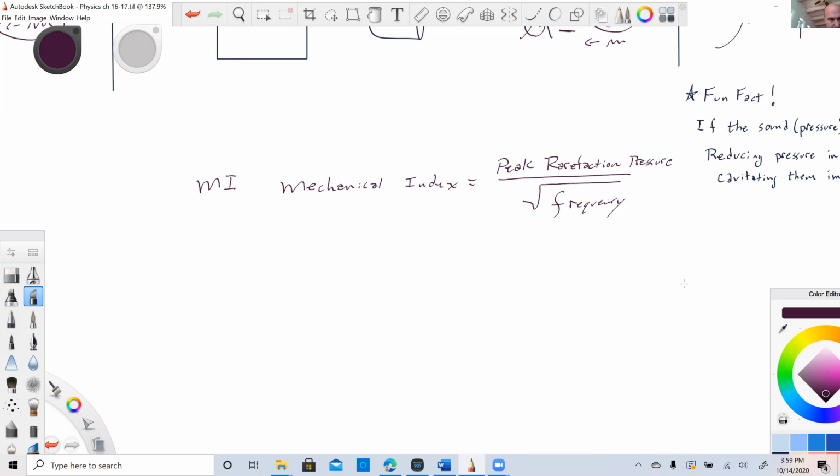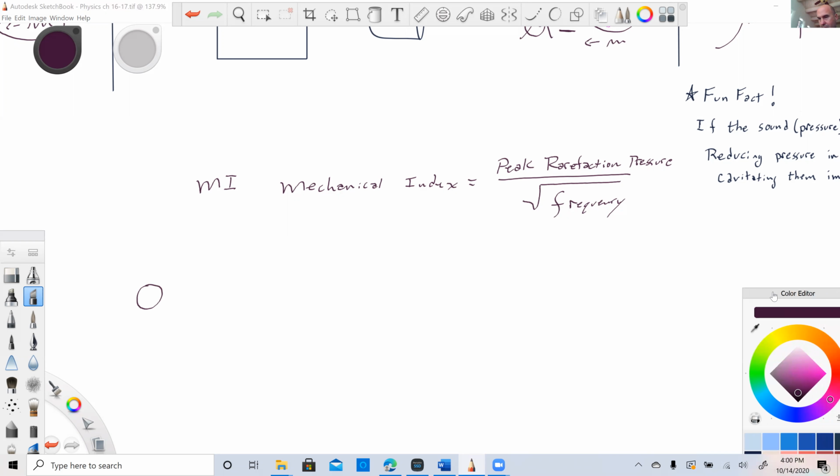It just so happens that microbubbles and red blood cells, the most effective microbubbles happen to be the size of red blood cells. Why is that significant? Because red blood cells are designed to make it through the capillaries.